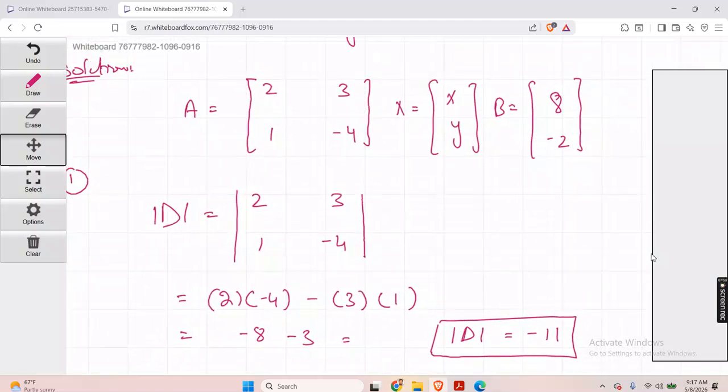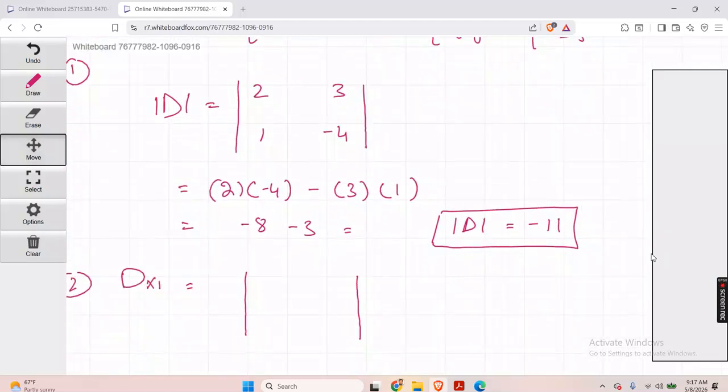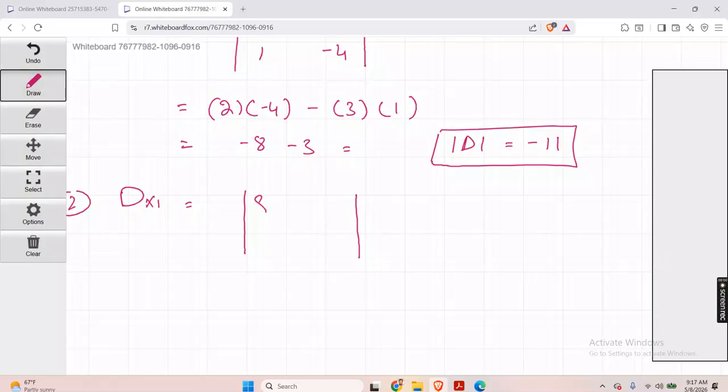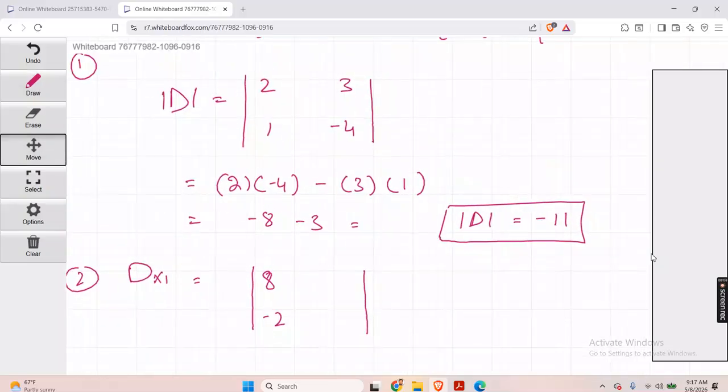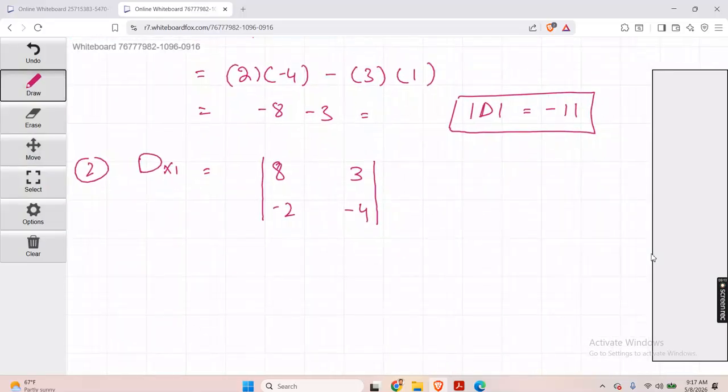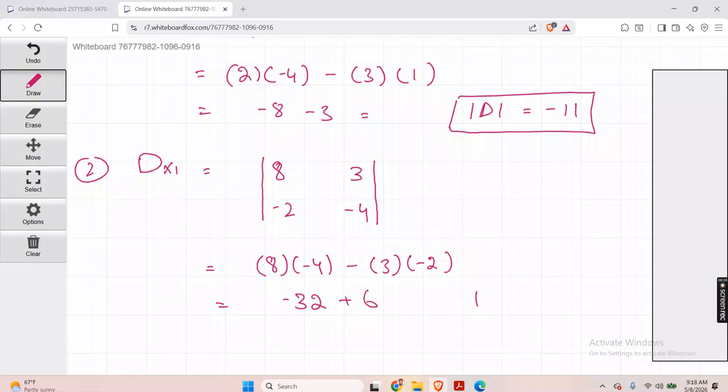Here we have to put the e f values, these two, 8, minus 2, and here it will remain the same, so 3, minus 4. Once you solve it, 8 into minus 4 minus 3 into minus 2, so we have minus 32 plus 6, so dx1 we have minus 26.